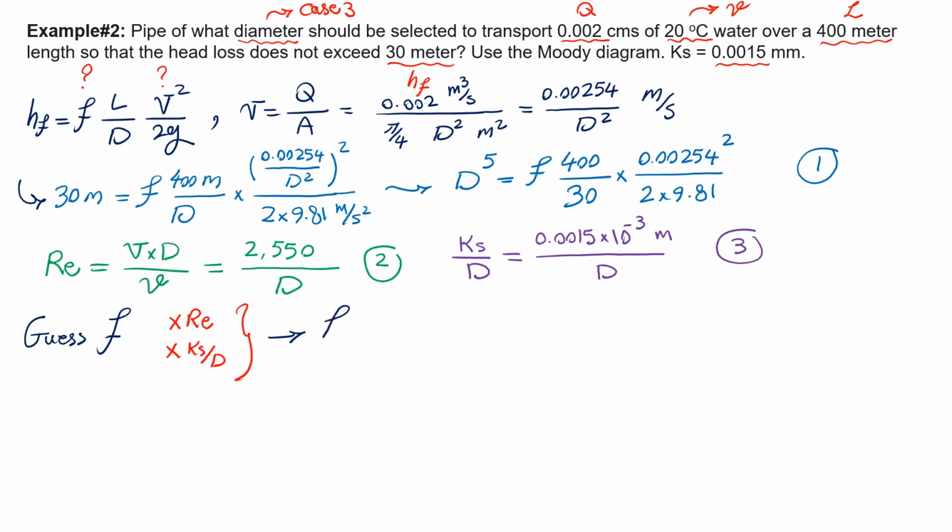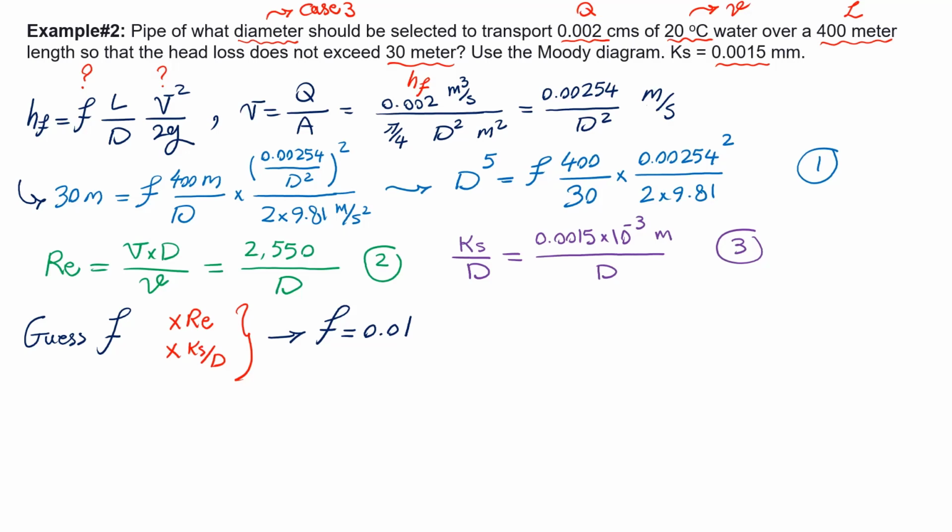I'm going to say that F for my initial guess is 0.01. Just an initial guess, and don't worry about it. It's going to converge. Even if your number is too big, like 100, 1000, or too small, like 10 to the power negative 12, it's going to converge. So don't be worried about choosing this initial F number because it's going to converge pretty easily.